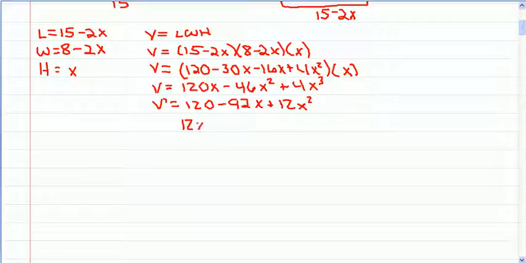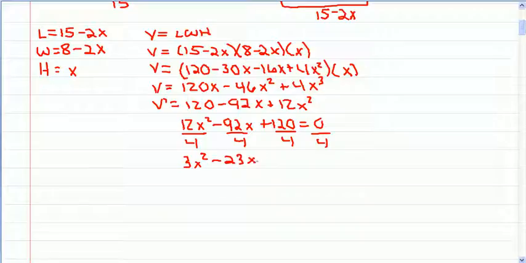So if I write this in standard form, 12x squared minus 92x plus 120 equals 0. And divide everything by 4. And then factor.